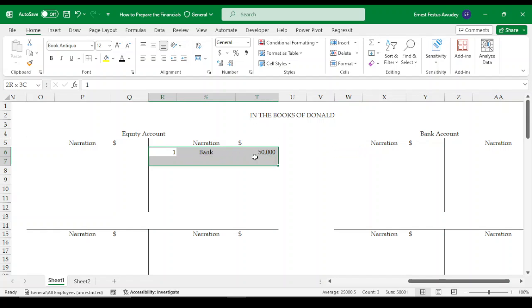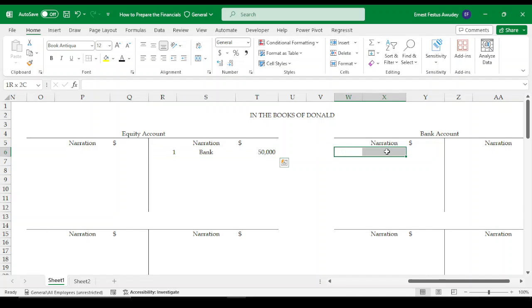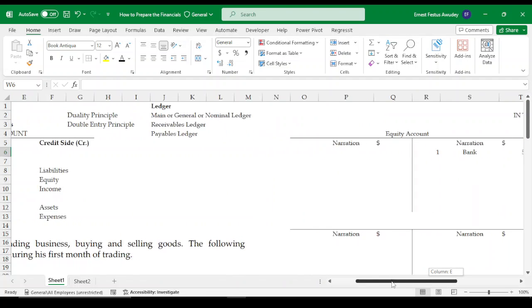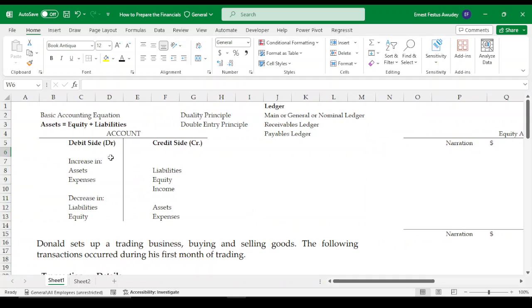This has been credited, and so the corresponding entry is going to be debited. That is one way of analyzing it. Another way is we are putting money into our bank account, which is an asset. Since the bank account is an asset containing money, an increase in it is going to be debited. That is where you are debiting it.